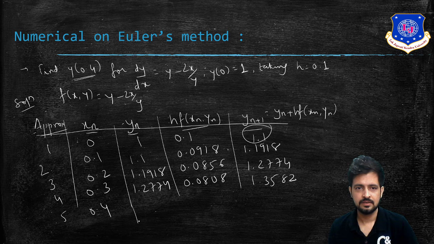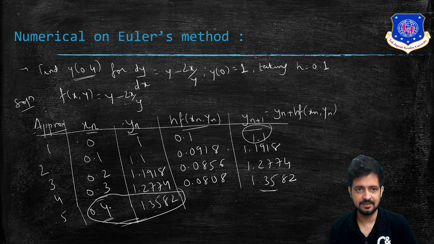Remember that this value is yn plus 1, so if I am placing it here, this value is y of 0.3. This value 1.3582 I have to write here for xn equal to 0.4.